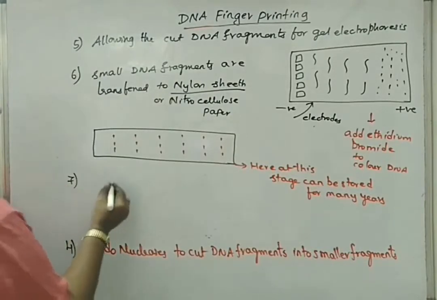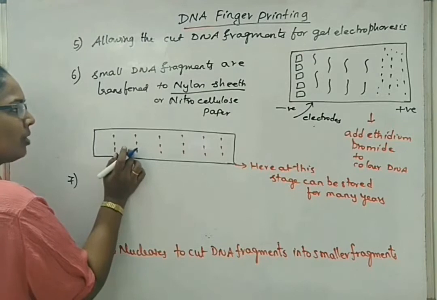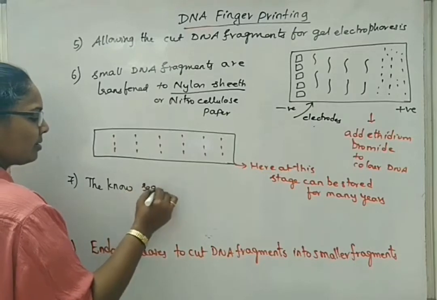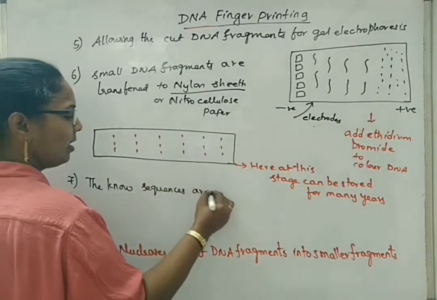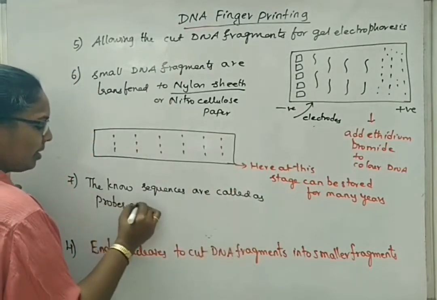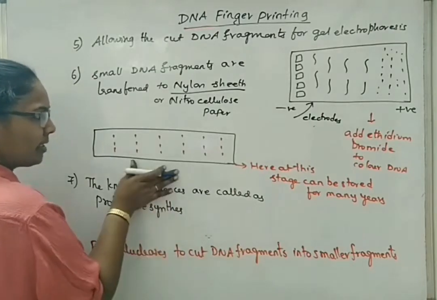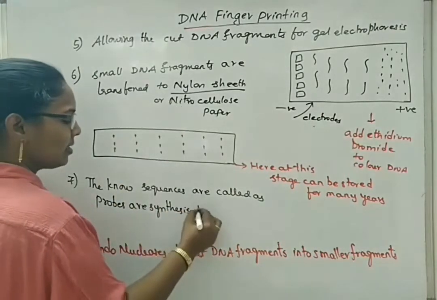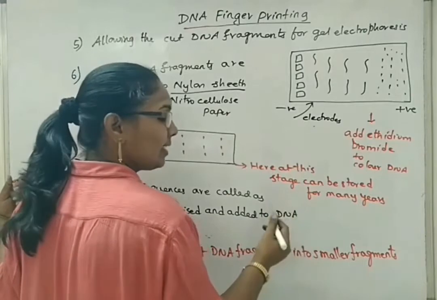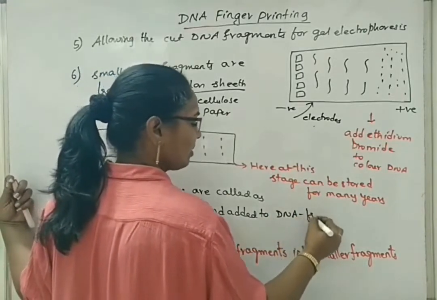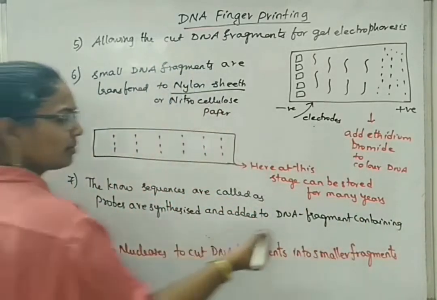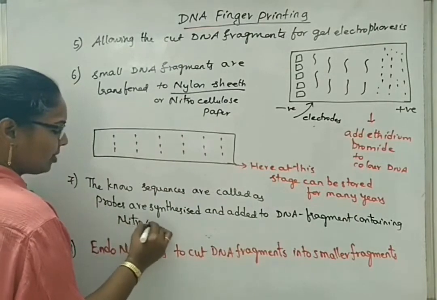In the next step, now the DNA fragments are stuck onto the nitrocellulose paper. The known sequences, called probes, are synthesized. These are separately synthesized, not included with nitrocellulose, and added to the DNA fragment containing nitrocellulose papers.